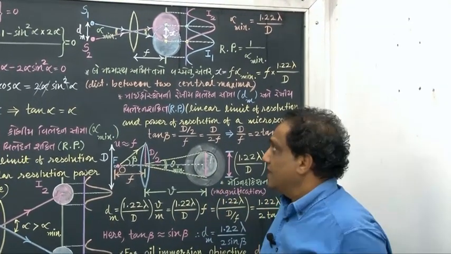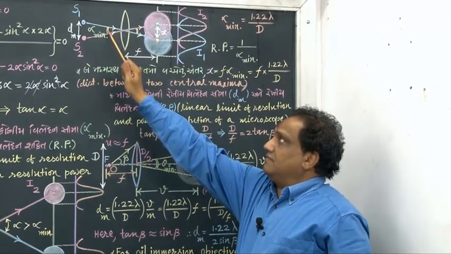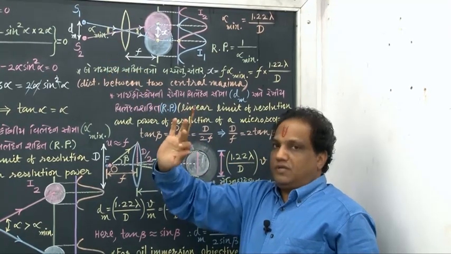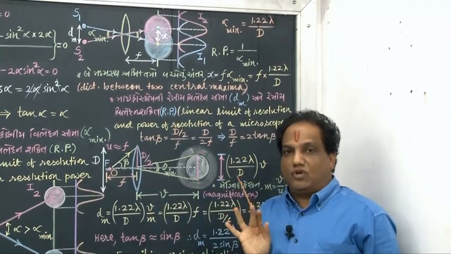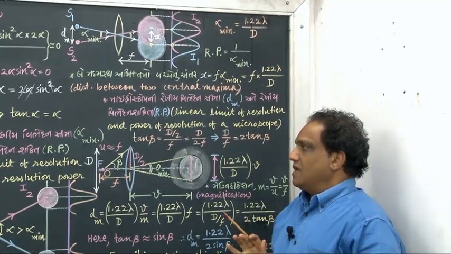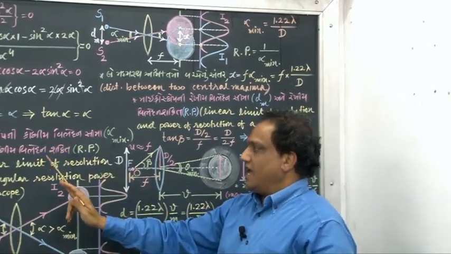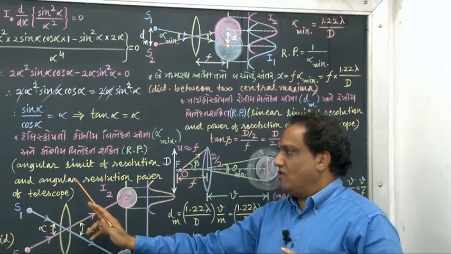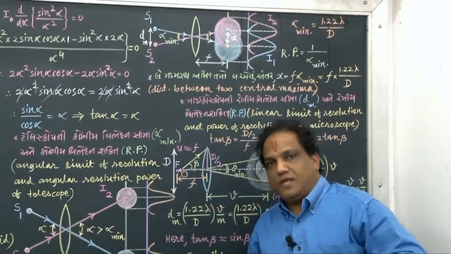Okay, fine. Such an angle, alpha minimum, is called the angular limit of resolution for a given telescope. Come on. How would you define the angular limit of resolution of a given telescope?